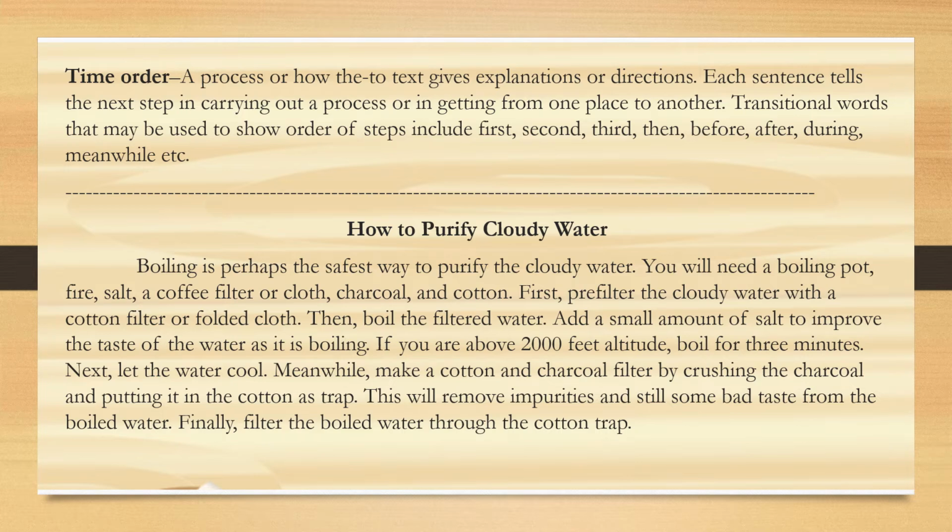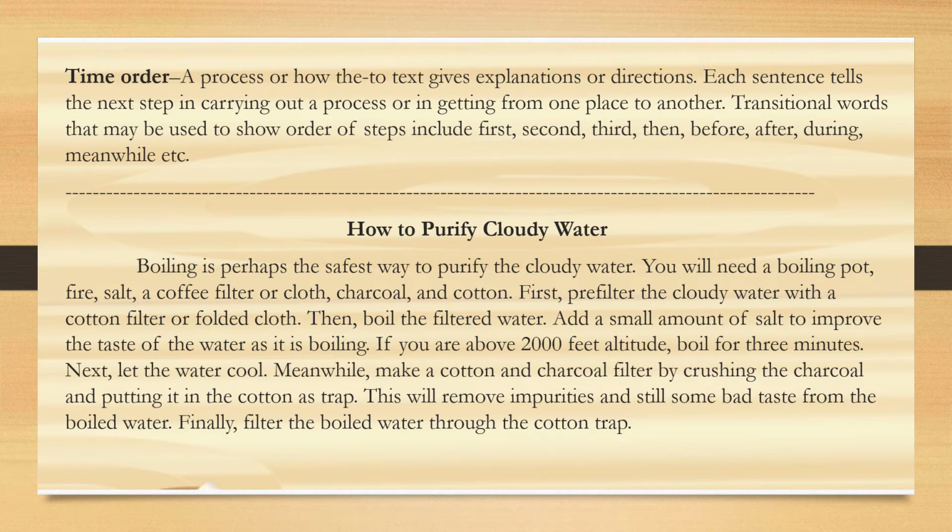Transitional words that may be used to show order of steps include first, second, third, then, before, after, during, meanwhile, and etc. So here's the paragraph. The title is How to Purify Cloudy Water.